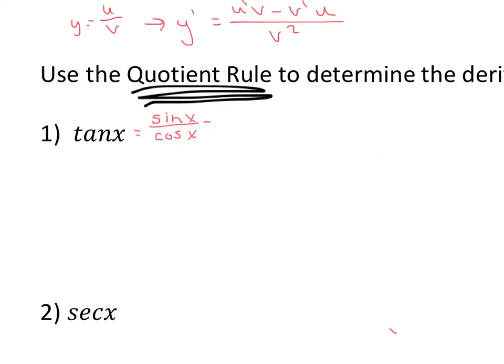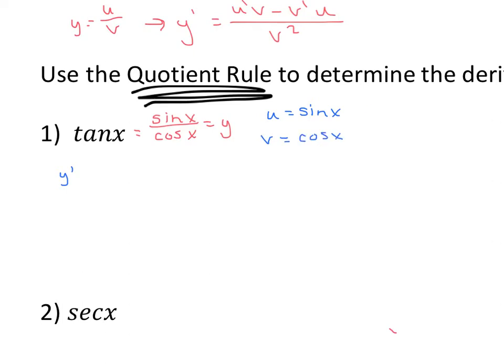So just for clarity, let's call this function y, and we want to find y prime. Now to find y prime, I need to know what u and v are, right? Because I need this formula. So just off to the side, I'm going to note to myself so I don't get confused that u is equal to sine of x and v is equal to cosine of x.